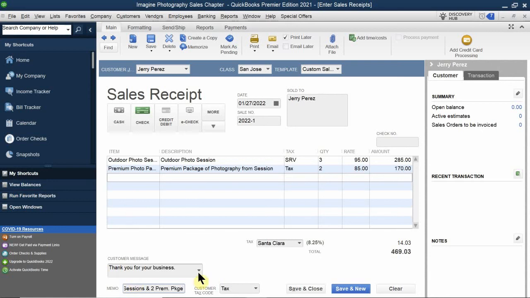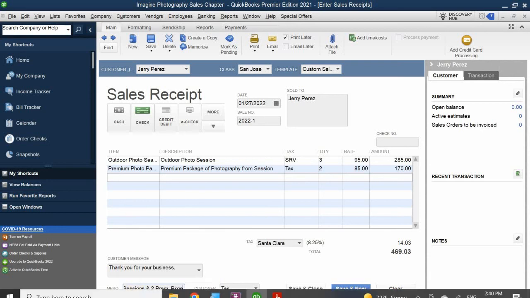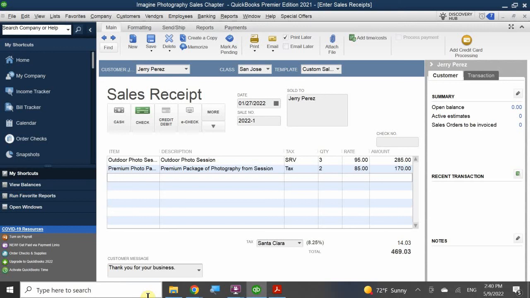All right, because this isn't going to show up on their invoice. This is going to show up on your end, on your QuickBooks, because on the invoice, it's already going to show you all the details here. It's going to be printed out saying premium photo package. Okay, it's going to tell you the exact description on your invoice. There's no purpose of this. This memo is for your safekeeping.